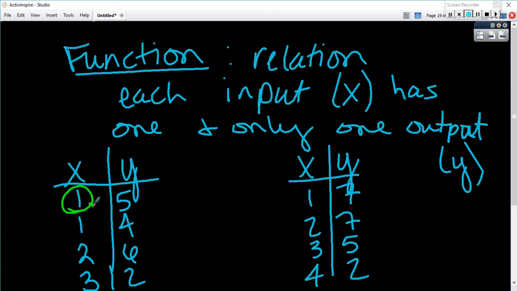When x is 1, how many y values does it have? It could be 1, 5 or 1, 4, right? That one x, that one input has two different outputs. Do you see that? So it's not a function.